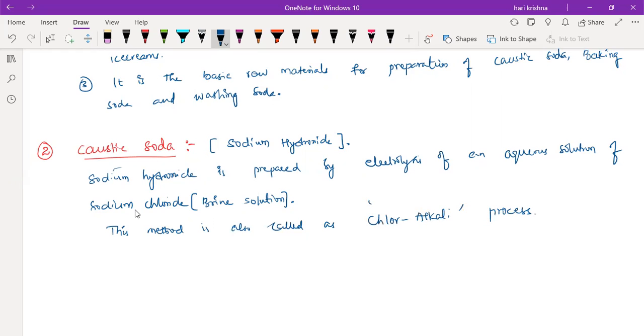What is the meaning of alkali? A base soluble in water. Alkali means a base which is soluble in water.